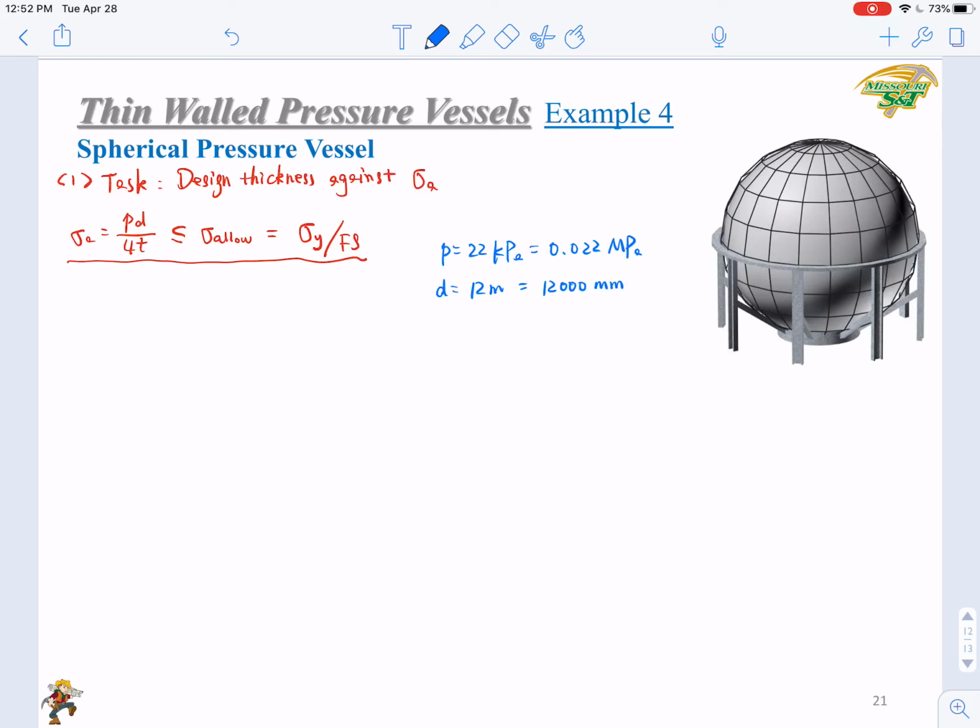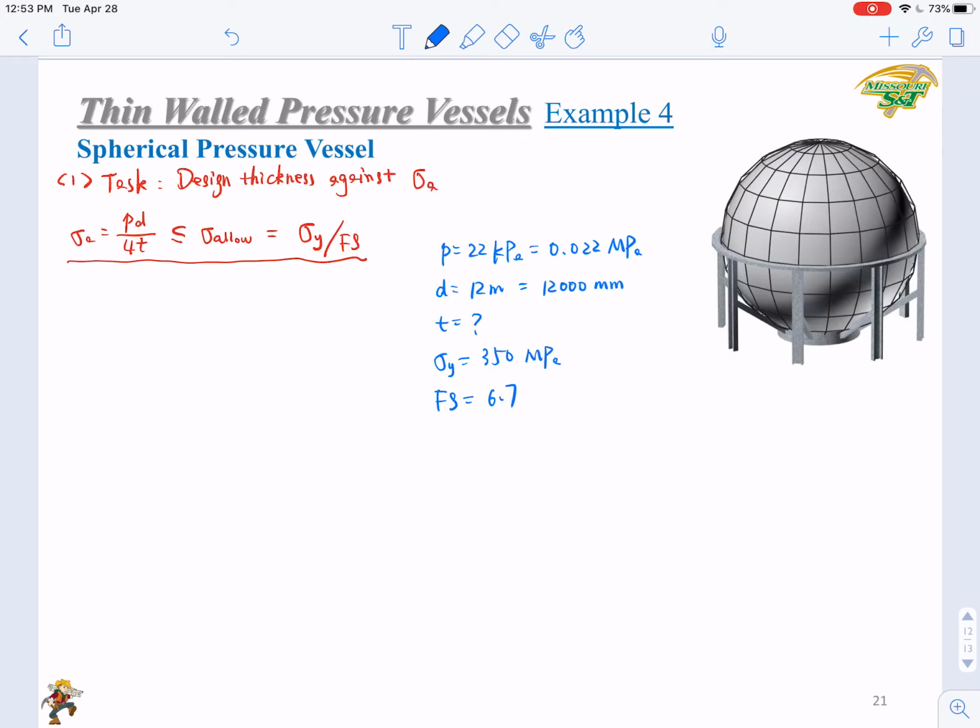Okay, we're unifying the units into MPa, Newton, millimeter. Then T is unknown. That is what we need to design. The yield stress is 350 MPa, and the factor of safety is 6.7.